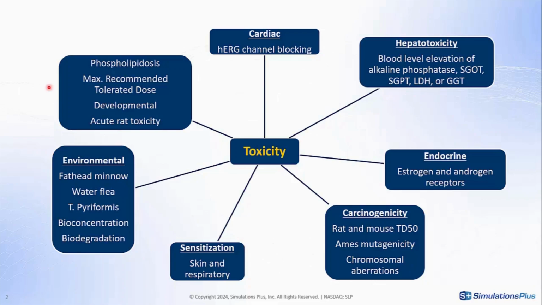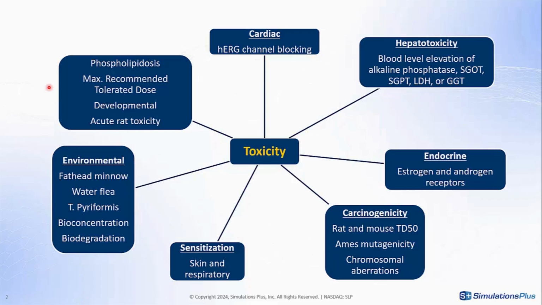Then in the upper left-hand corner, we have models which don't fit some of the other categories. Phospholipidosis, so potentially if the compound would cause phospholipidosis. Maximum recommended tolerated dose. This is a model which we created based on a journal article. The idea behind the journal article was that compounds or drugs that are dosed in lower amounts are probably more toxic than those at larger amounts.